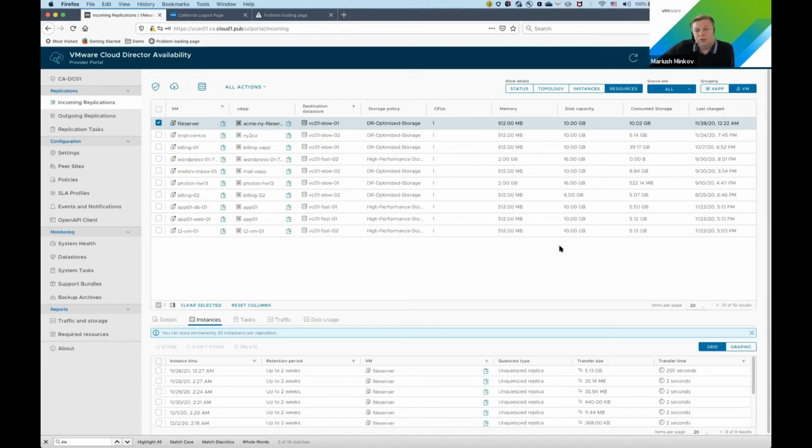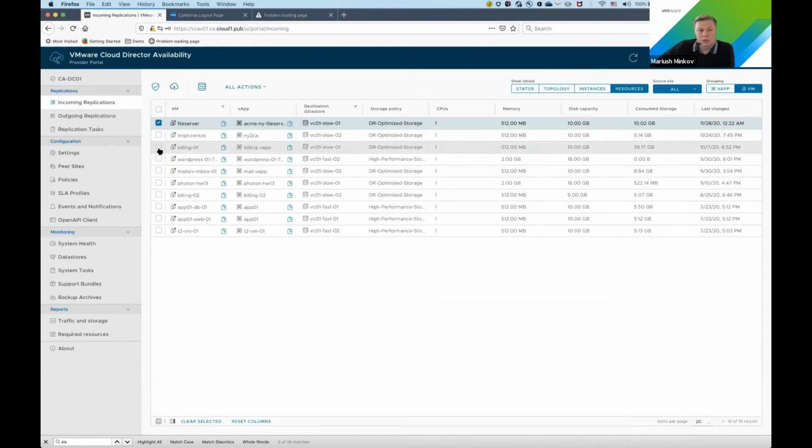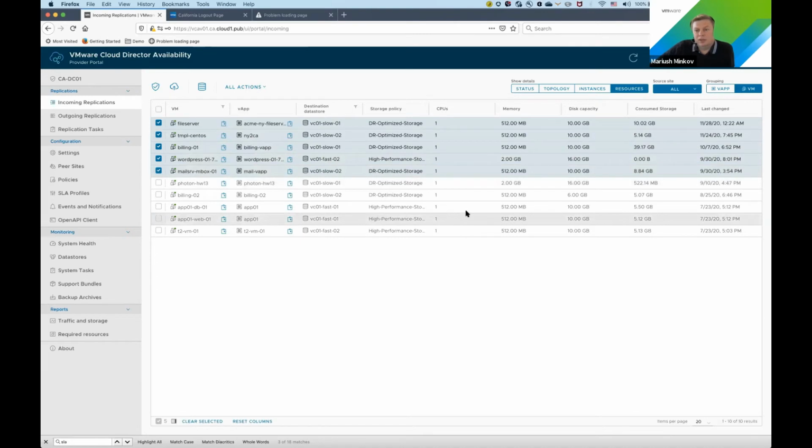Yes. So if I want to fail over this machine only, I will need 10 gigabytes. But if I want to fail over these 5 simultaneously, then I will need to sum these up, which means 56. So it may happen that I may not have 56 available right now.